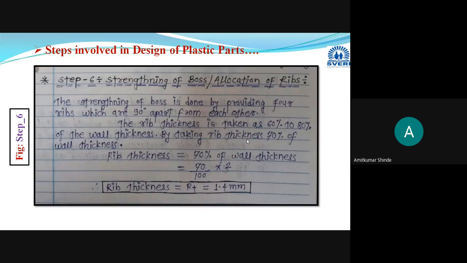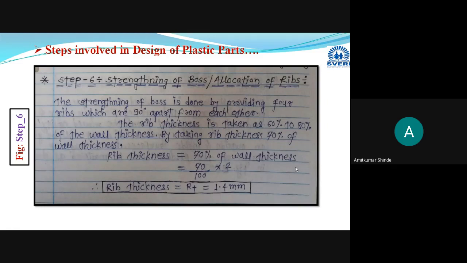Now here you have to decide the thickness of the rib. Generally rib thickness we determine with the help of wall thickness only. Generally it is taken 60 to 80% of the wall thickness. You can choose any value, 60%, 65%, or 80% also, within this range. Here I have considered 70% of the wall thickness.